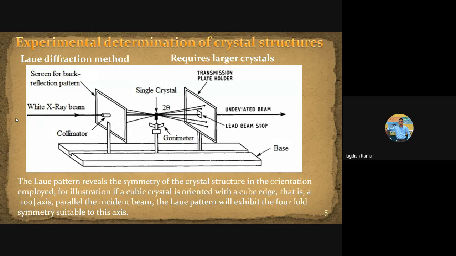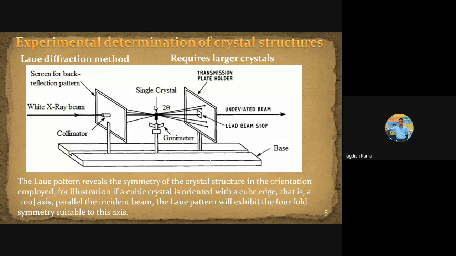That is why we will be able to see information with respect to a specific set of planes. So we are saying the axis is mounted in such a way that the 100 direction is parallel to the incident beam, then we will be seeing the Laue pattern on this photographic plate accordingly.